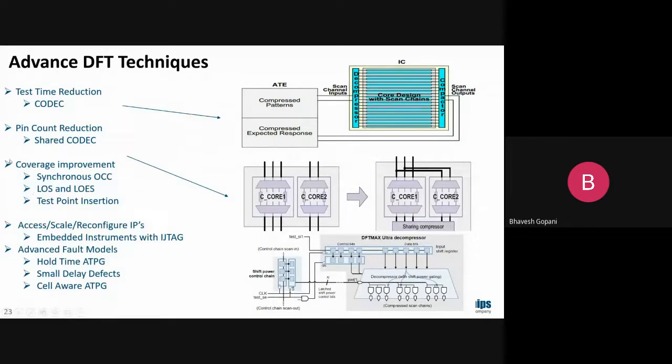Normally for coverage improvement, as I said, OCC plays an important role. Then techniques are there: LOS, LOES, LOC. Normally we use LOC, launch on capture. Launch on shift and launch on extra shift are other techniques. Test point insertion I already covered during the fault analysis.